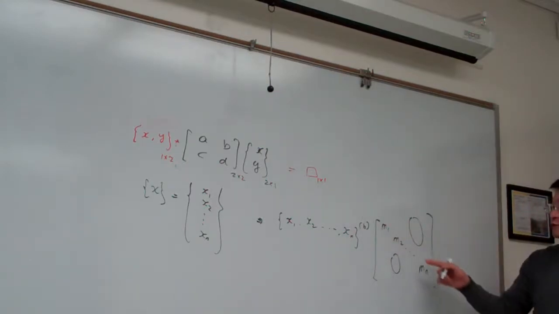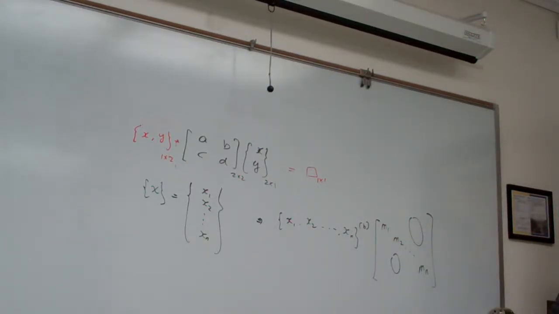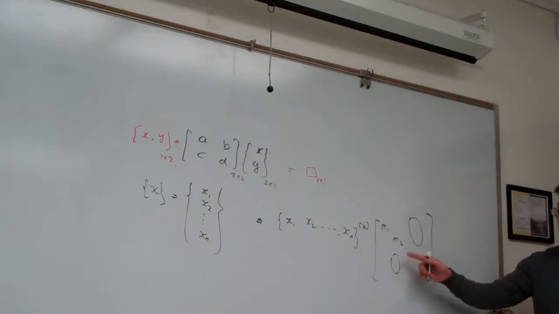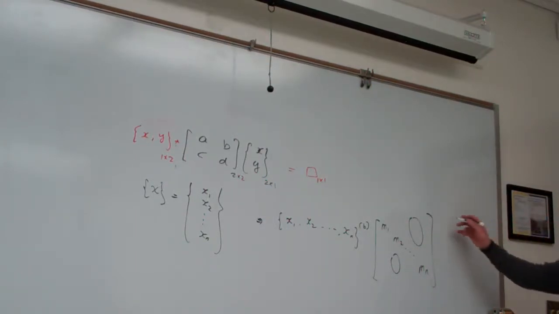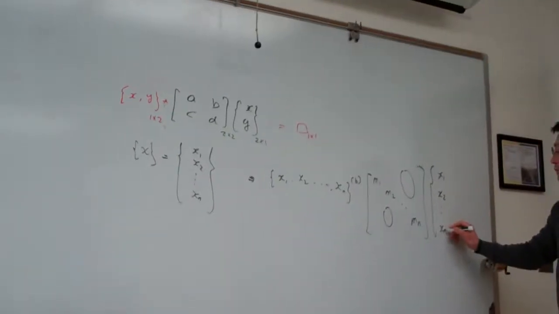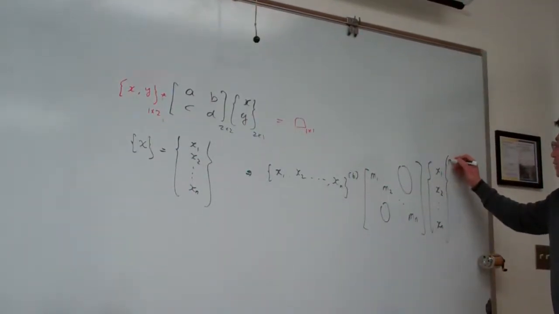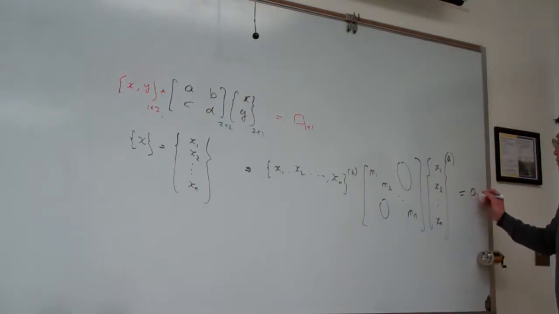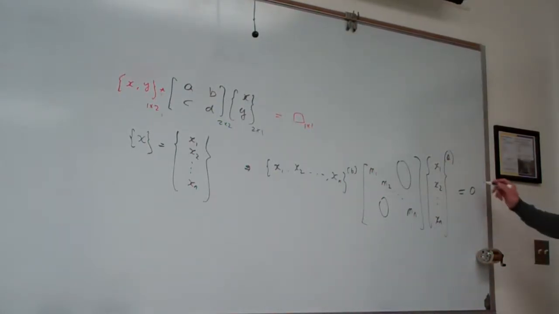M matrix, if you remember, is diagonal, and all off-diagonal terms are 0. Times x1, x2, xn. This one equals 0.